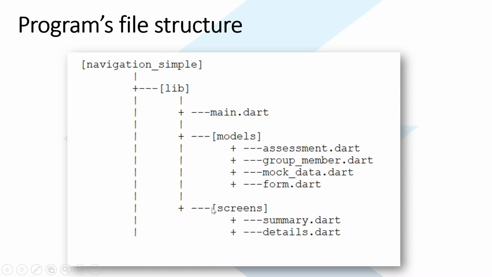And then I created a folder called screens. Since I only have two screens here, I just put summary.dart directly, because last time I suggested you use a dedicated folder for each screen. If I want to do that, I need to create a summary folder and put summary.dart inside it.